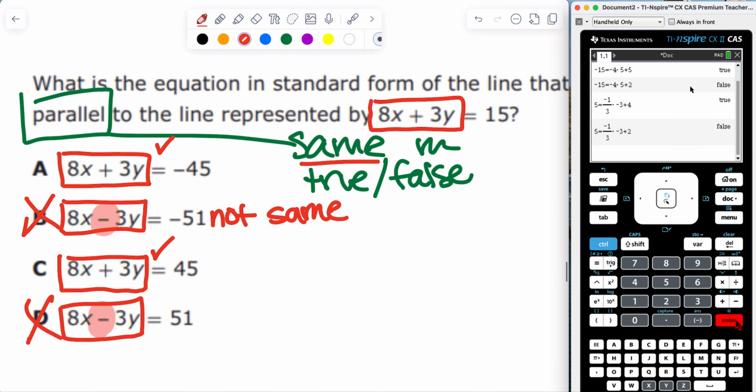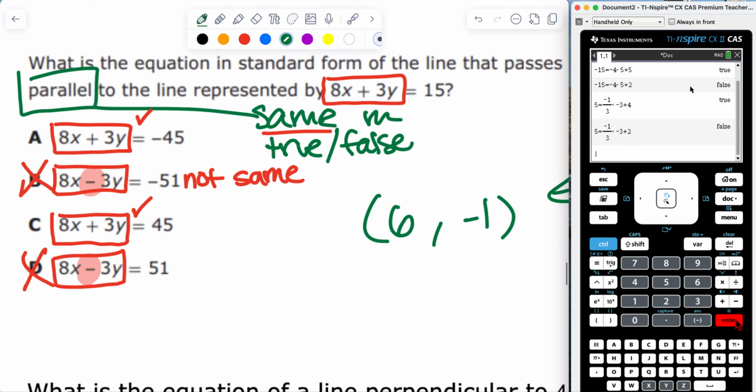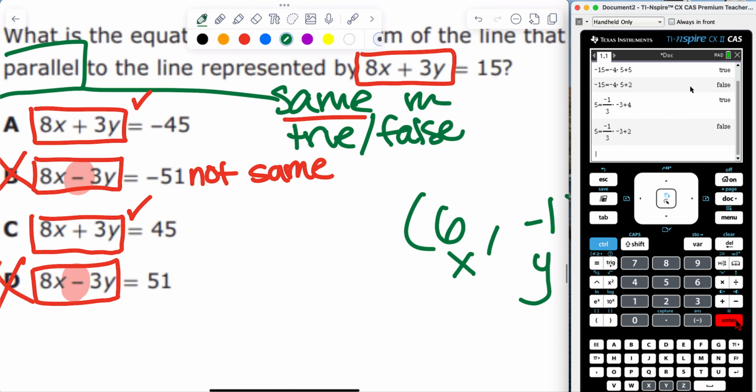Now that we're between two, we can use the point that they gave us, 6, -1, and do true and false, just like we've been doing. My x is 6, my y is -1. So now I can go back to the calculator. 8 parentheses 6 parentheses plus 3 parentheses -1 parentheses equals -45.